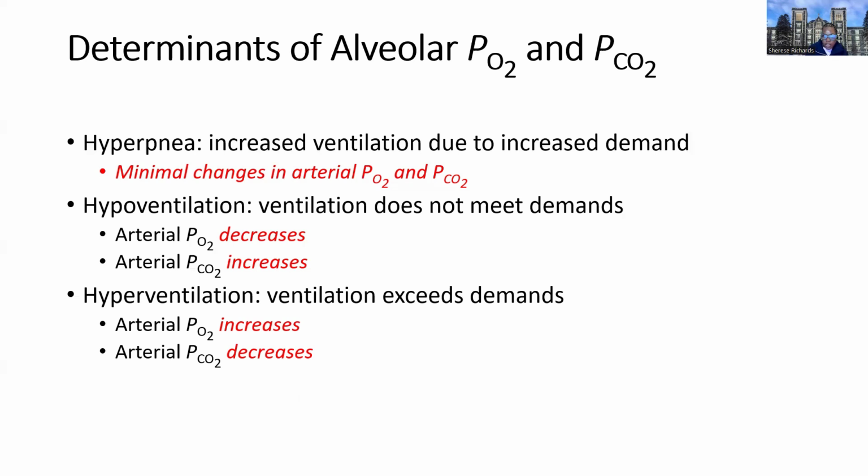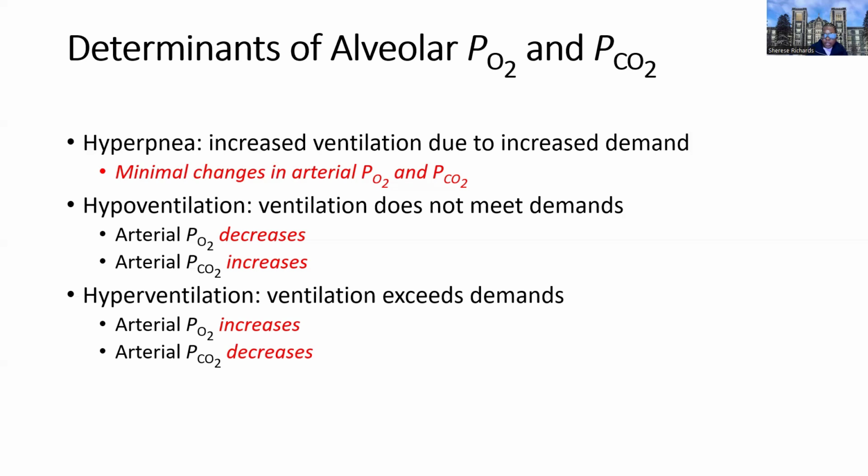With hypoventilation, for example, and this can be caused by several different states, a comatose state, certain drugs and toxins that can depress your respiratory rate. It can be injury to your ribs or to your lungs. A lot of different states can cause hypoventilation. And that would have an arterial partial pressure of oxygen that is decreased, an arterial partial pressure of CO2 that is increased.